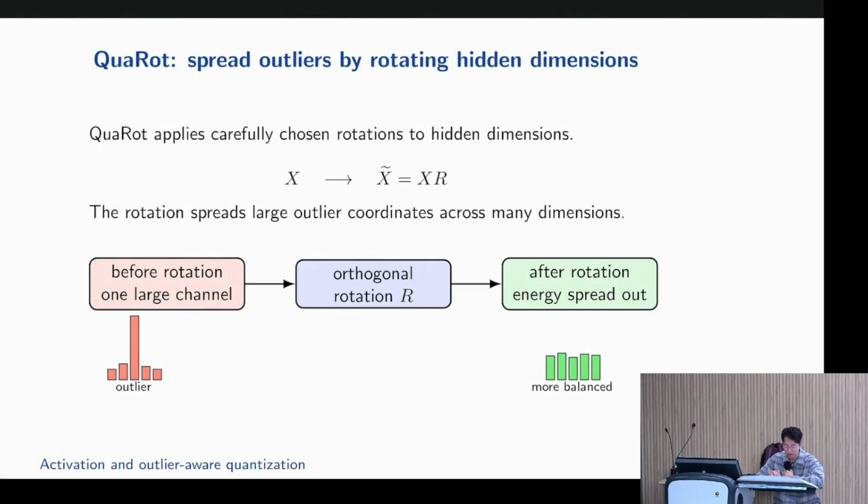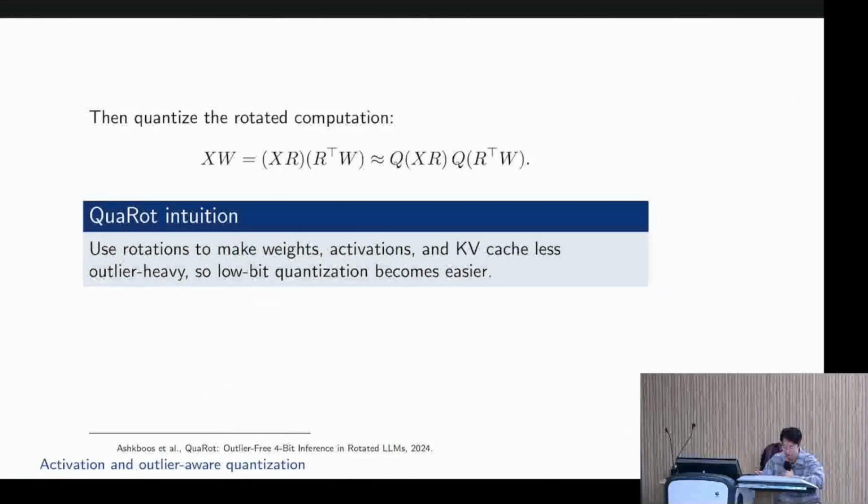So QuaRot also applies this technique to activations. After orthogonal rotation, these outliers become flattened out across different dimensions.